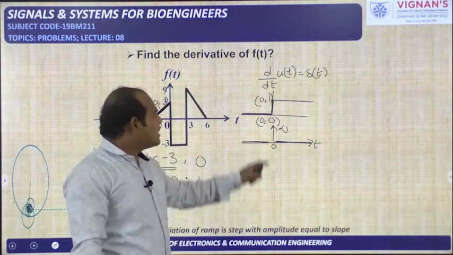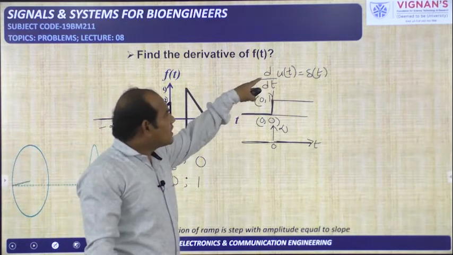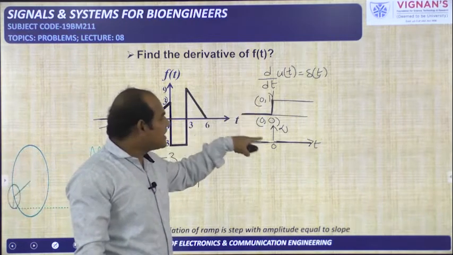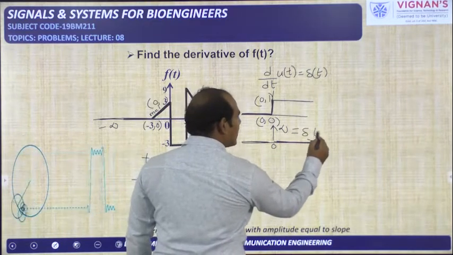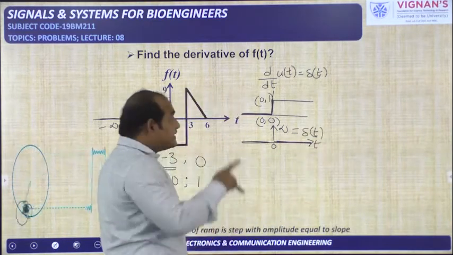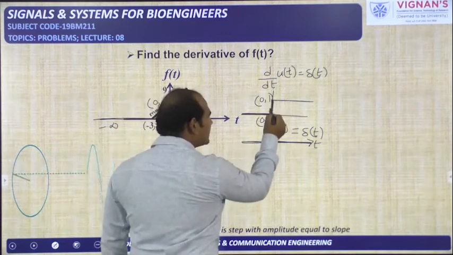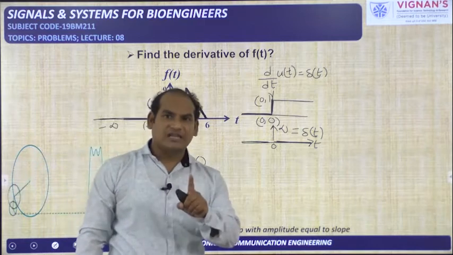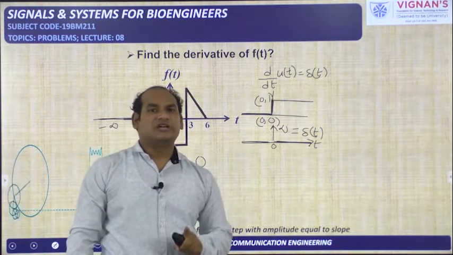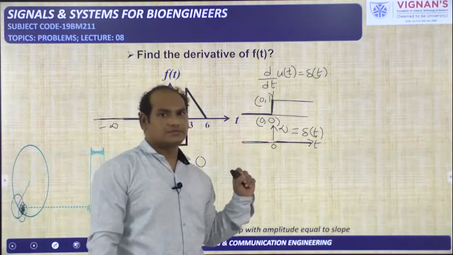So what is the conclusion here? We performed the derivative of the u of t signal and we got the impulse signal. In other words, the derivative of a discontinuity gives the impulse signal. So wherever you have the derivative of a discontinuity, you can take the impulse signal.